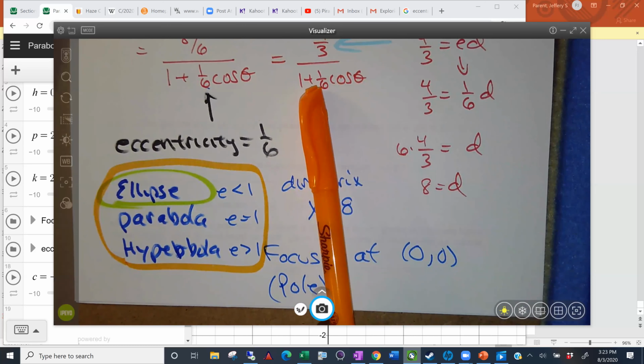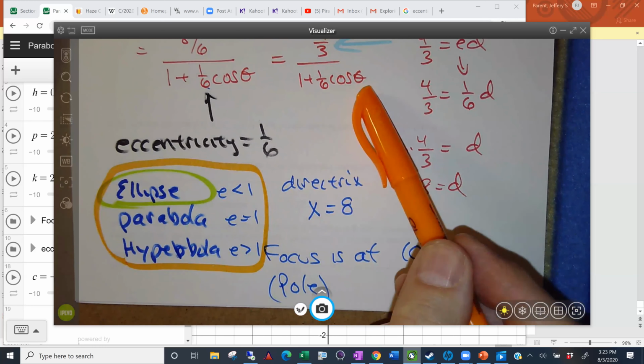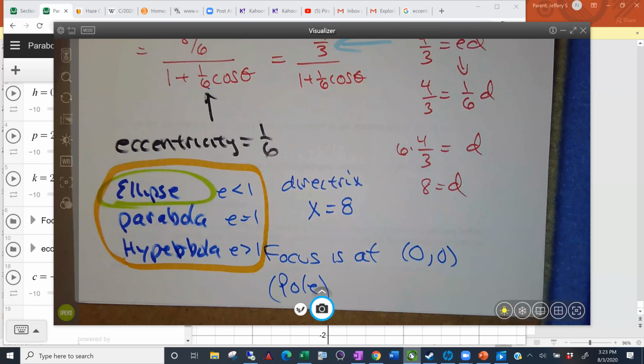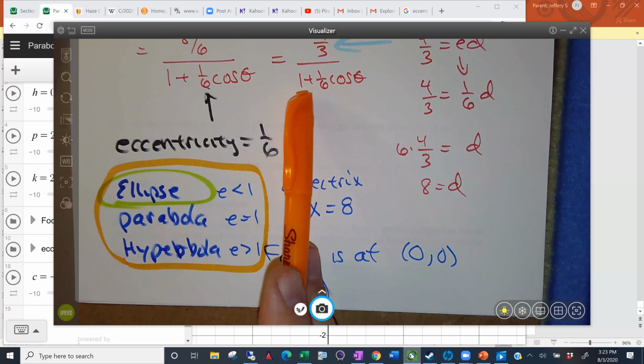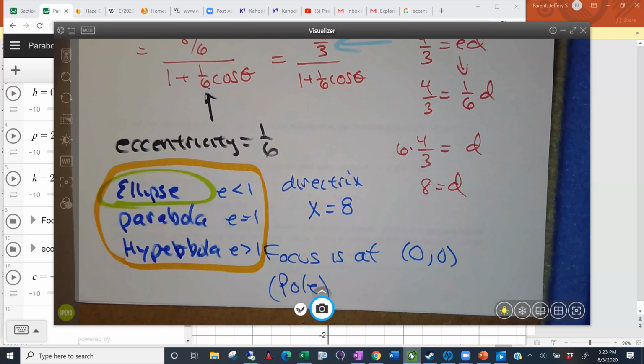But when I get a 0 here, that ellipse busts apart, and then I get a parabola or a hyperbola. So that's kind of how I think of it: this being less than 1 is an ellipse.